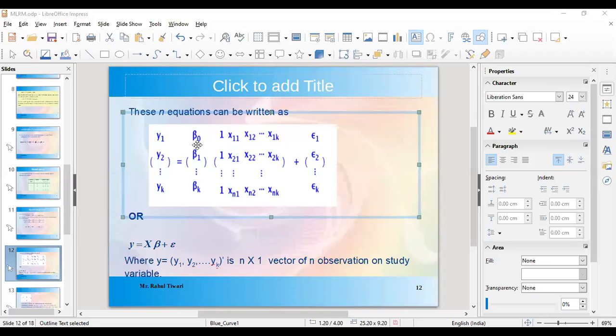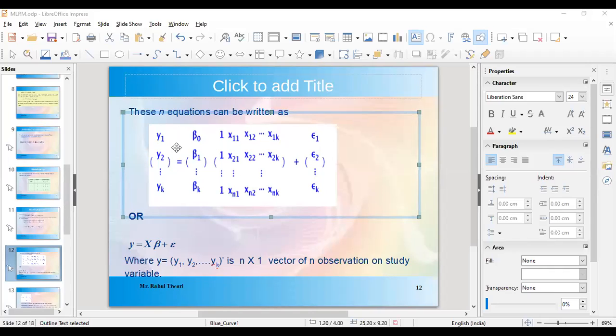This was missing. So the above equations I have written in the form of a matrix.